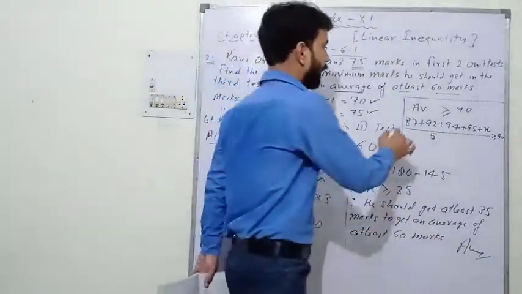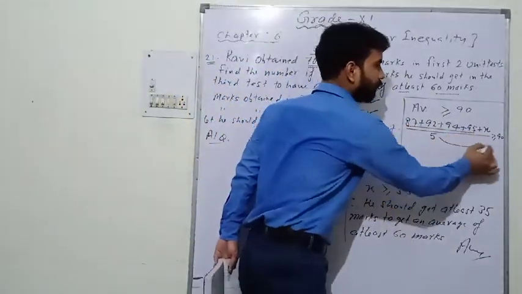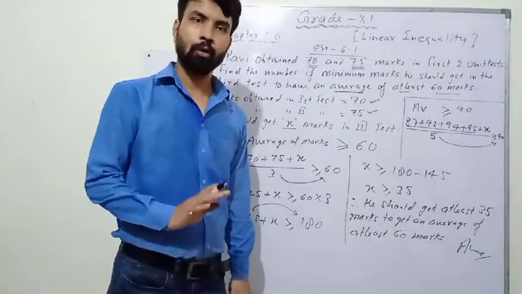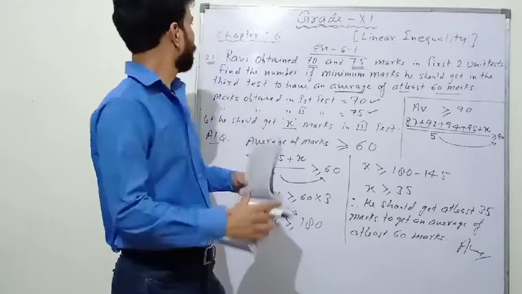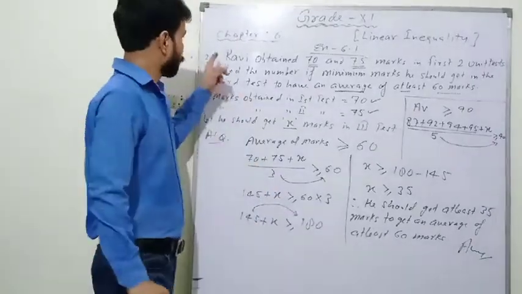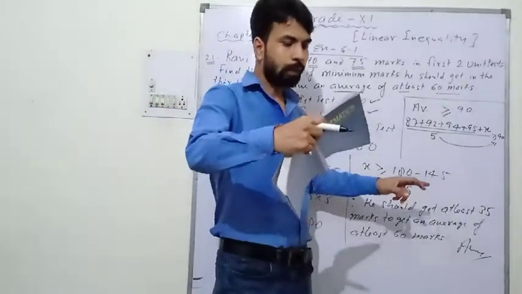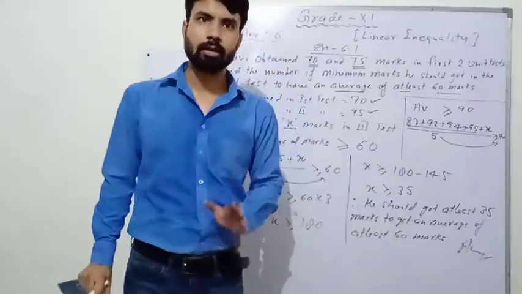Clear? Now we will add all these values and this 5 is multiplied here and we can get the value of X. Hope it is clear. So pause your video, note it down, and question number 22 you will have to solve yourself.